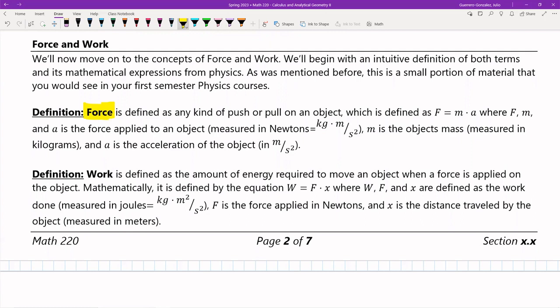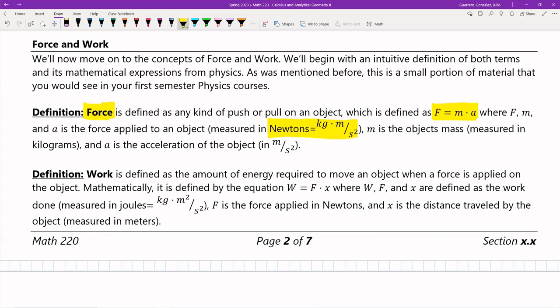The equation for it is this right here, at least the most basic version. The force applied on an object is equal to the mass of the object times the acceleration that that object feels. The force is measured in newtons, which is kilogram meters per second squared.